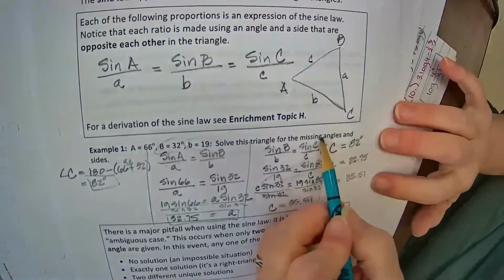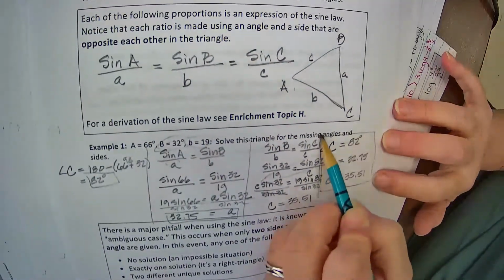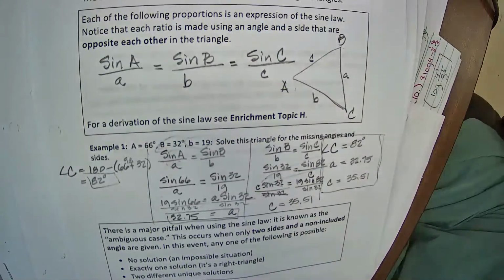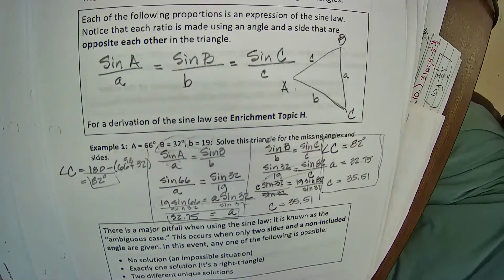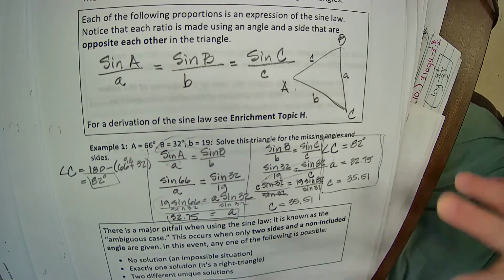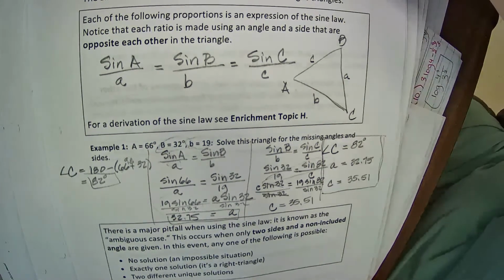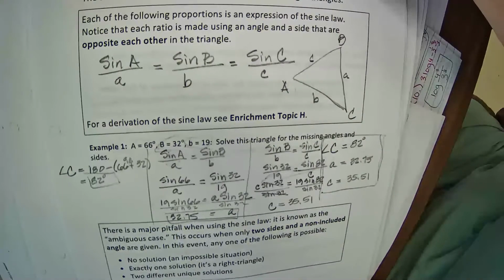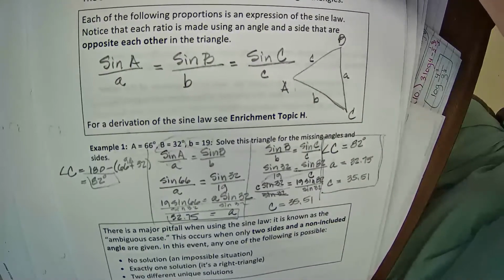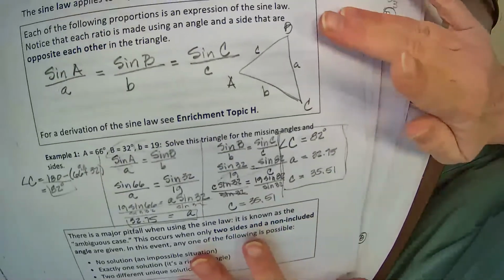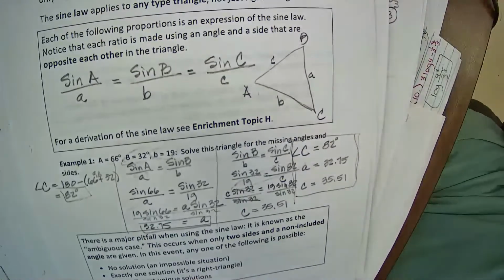All right, now, so we found all three things, so there are answers. But there is a problem with the law of sines. Can you see it okay? Do I need to blow it up? Okay. Is that better? Okay.